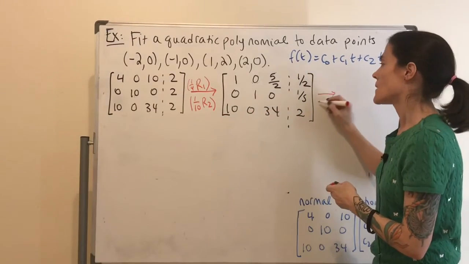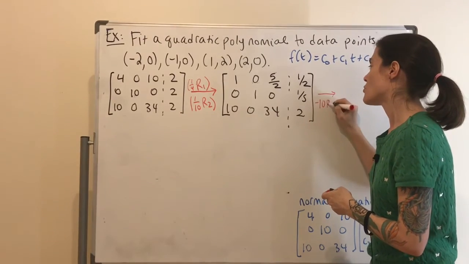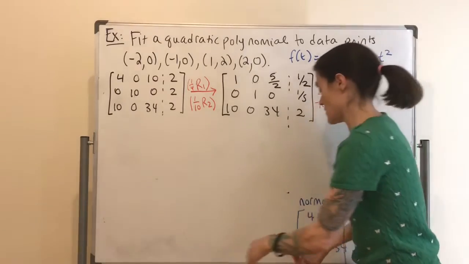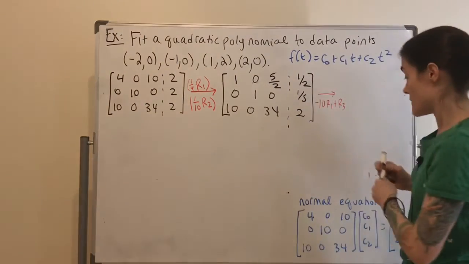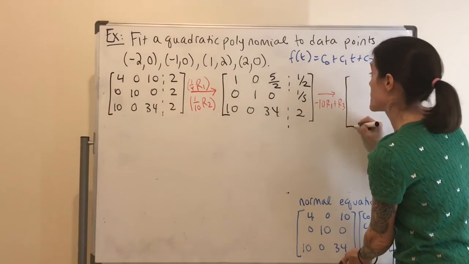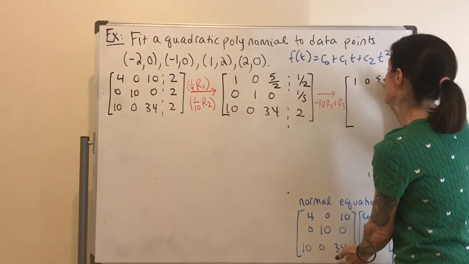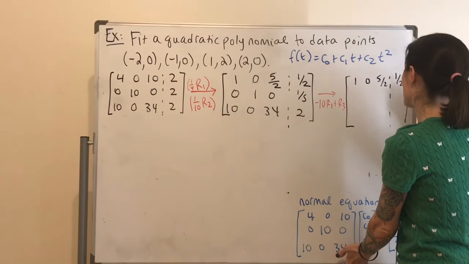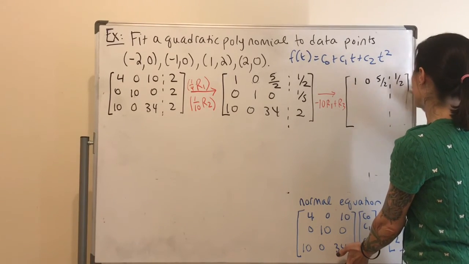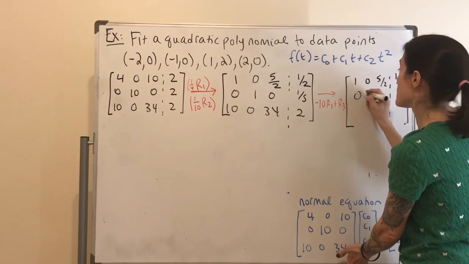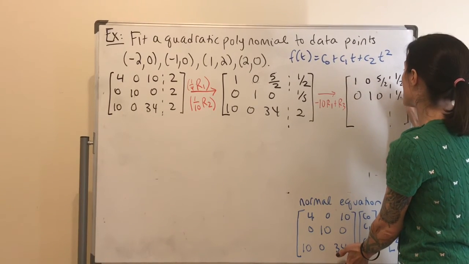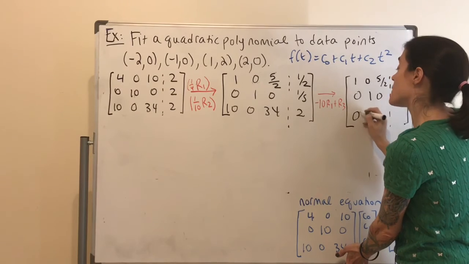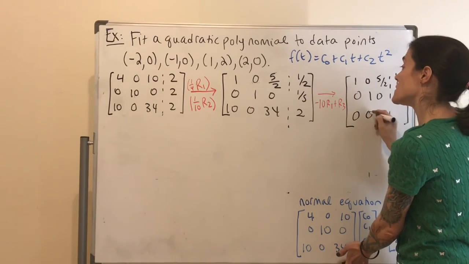Okay, what I need is minus 10 row 1, add it to row 3. I think I have space here. This remains the same. And then we have 0, 0.